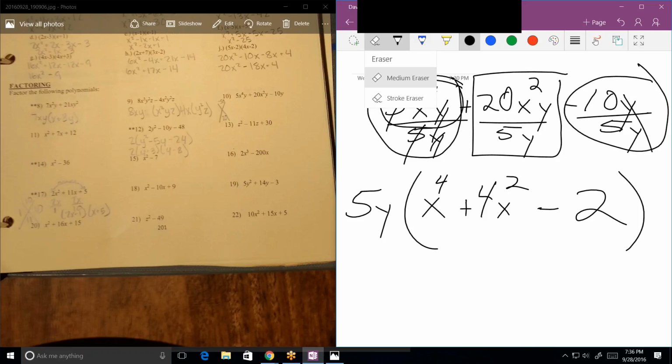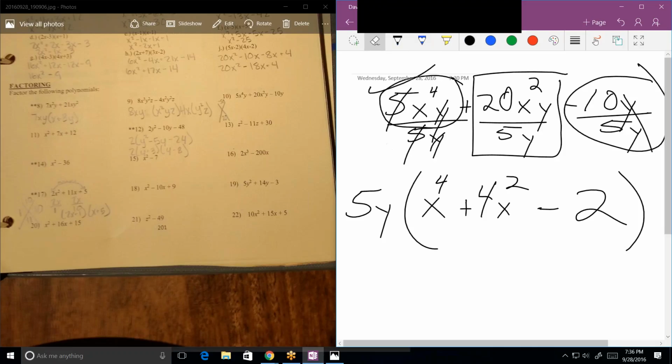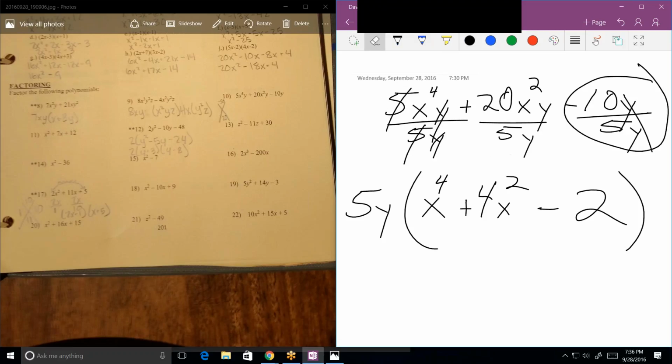Now, let me erase all the squares and circles that I've drawn so that you can verify that we factored it correctly. When I multiply, and this is a very important step, you always want to be checking. A, B, C. Always be checking.